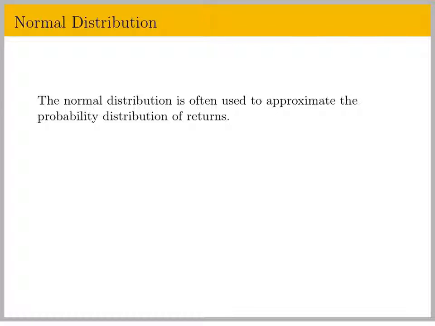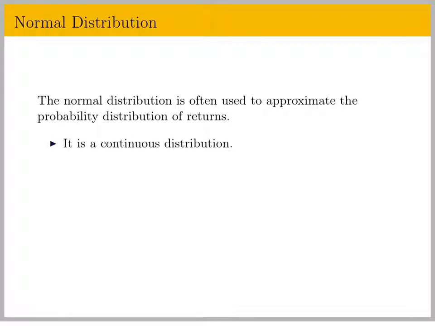Now, the normal distribution, this is a very important distribution in all of probability and statistics, and it is likewise very important for much of what we'll do in investments, because it simplifies things, it's tractable, it makes things easy to conceptualize and to compute.